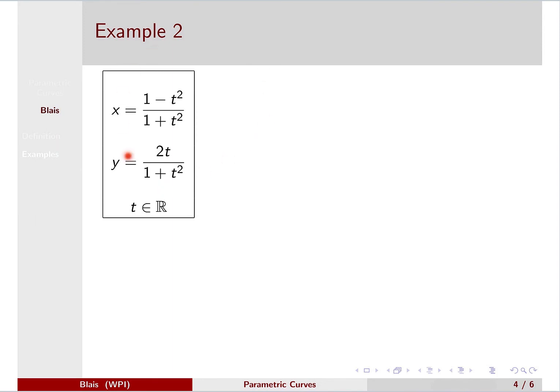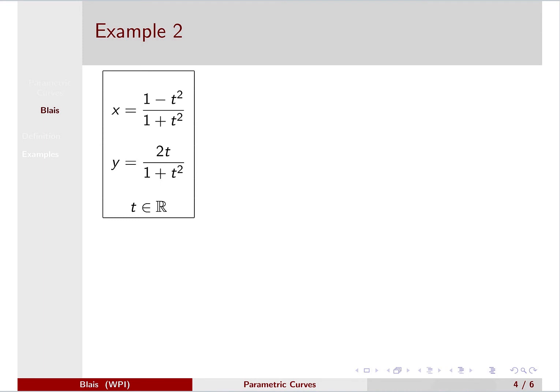Let's look at a second example where we have x being (1 minus t squared) over (1 plus t squared), and y is 2t over (1 plus t squared). But this time our parameter ranges over the whole real numbers. And let's try the same approach. Let's square x and square y and add them and see what happens.